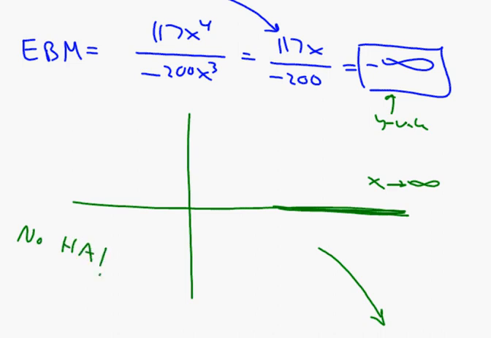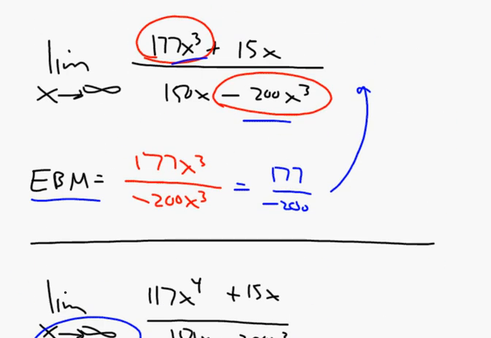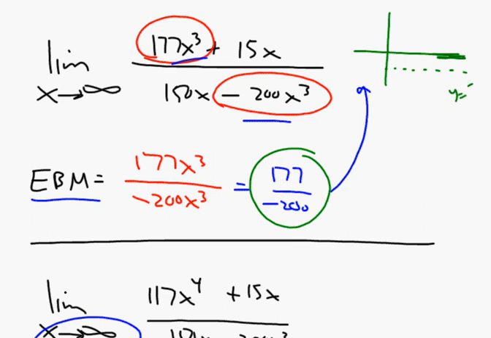Whereas the graph up above, if we had thought about what this graph probably looks like, what that means is as x goes to infinity, if I go really far to the right, the y values I'm getting are getting closer and closer to that fraction, whatever that is. It's a little bigger than negative 1. So there's a dotted line here. It's y equals negative 177 over 200. And the graph is leveling off there somehow as we go really far to the right.